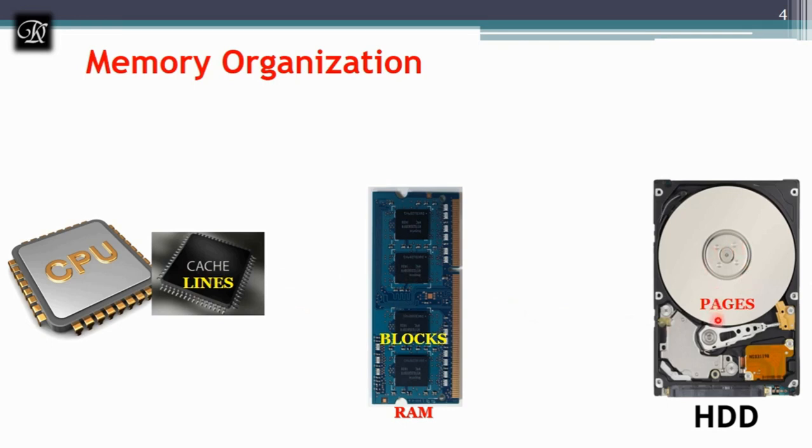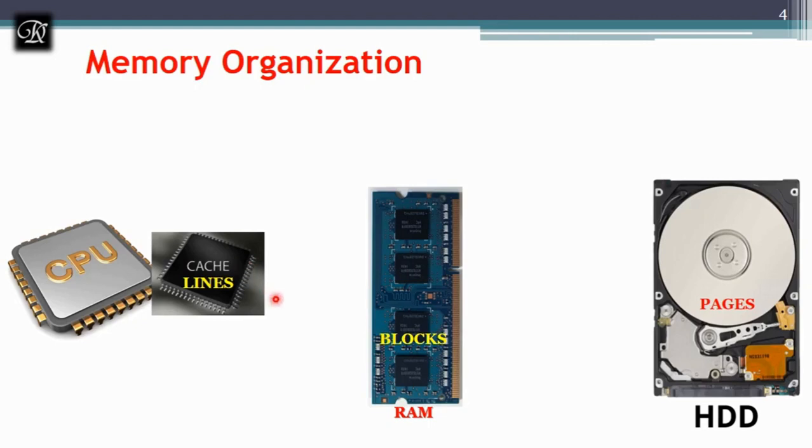We call it logically as pages. The pages will be loaded to the RAM. In RAM, we call the same pages as blocks. And when it comes to cache, we call them lines, or word lines. But the same term block is also used in the cache.